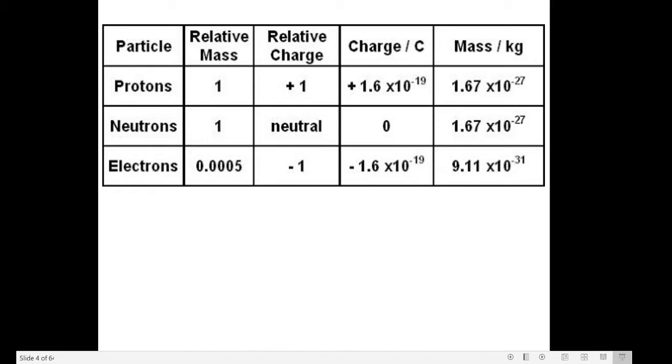That is for proton. Then for electron, minus 1.6 into 10 power minus 19 is the charge, and 9.11 into 10 power minus 31 is the mass of the electron. So now you understand the difference. Please remember it.